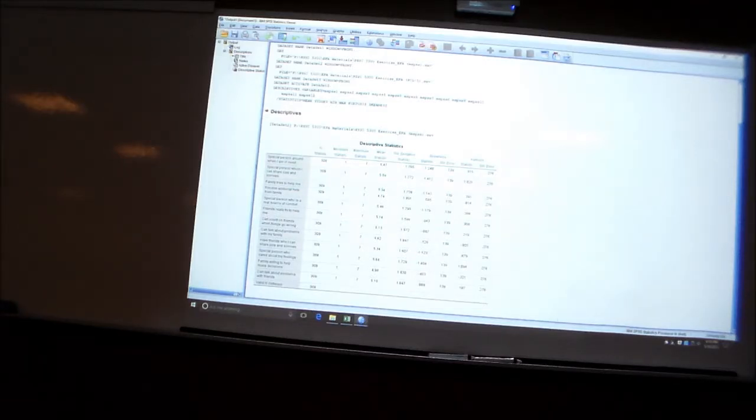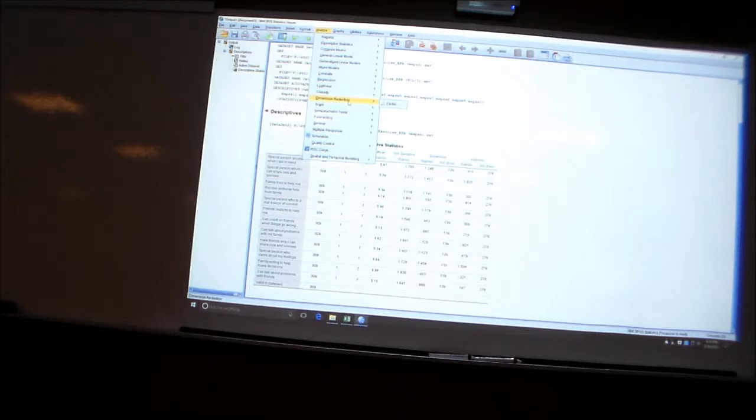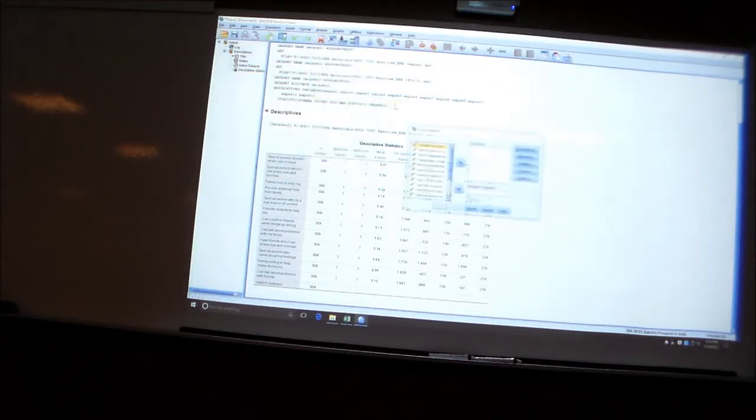So we're going to go to Analyze. We're going to drop down to Dimension Reduction. Select Factor. We're going to take our 12 items, making sure not to include our total scores in here.